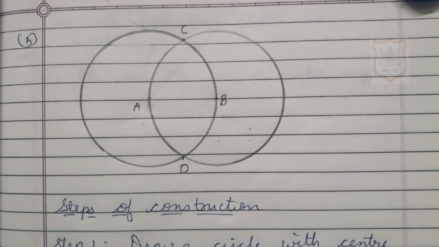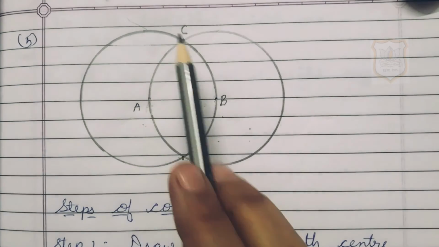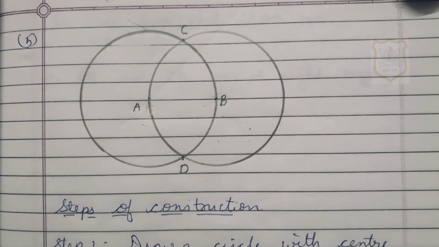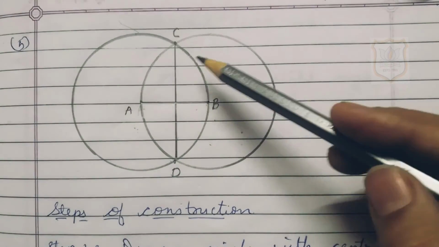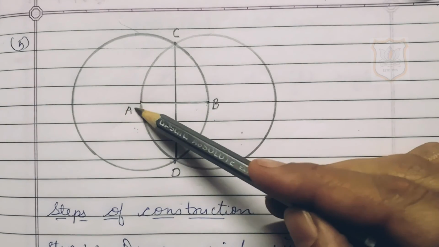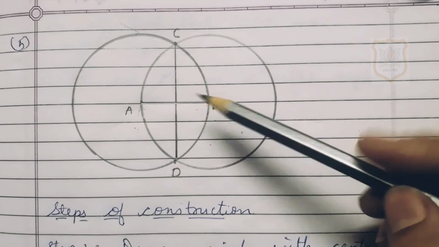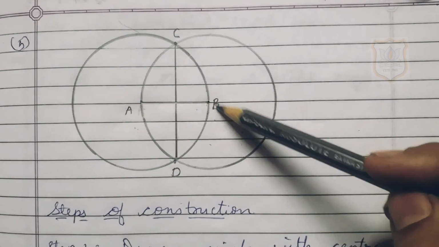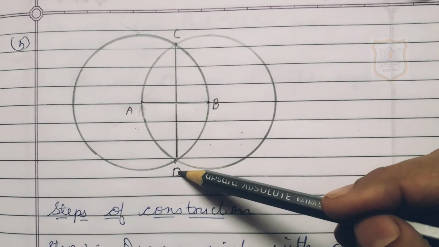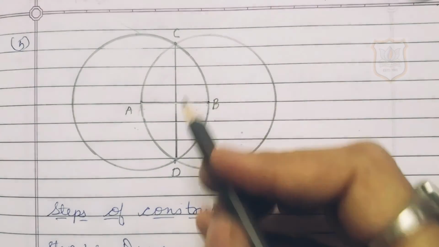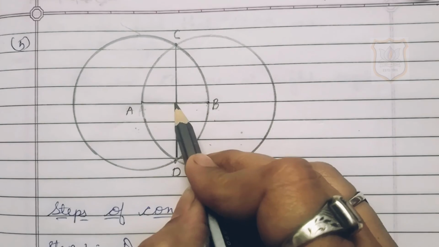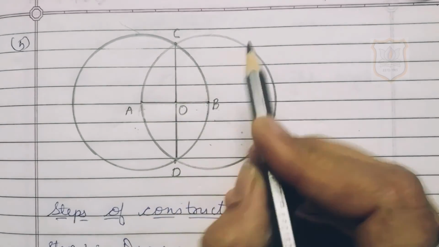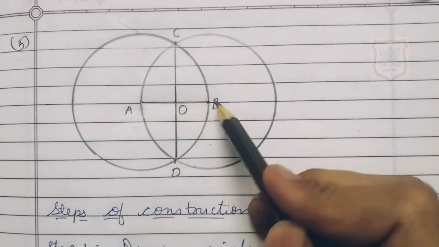Step 4. Join AB and join CD. We have to join these points AB and CD. Students, in this way we join CD and AB. Now you can see that AB and CD intersect each other. Here we will write point O where the two line segments CD and AB intersect.